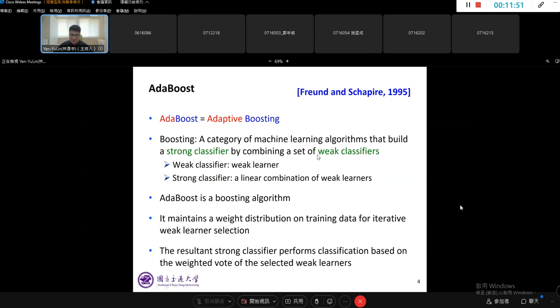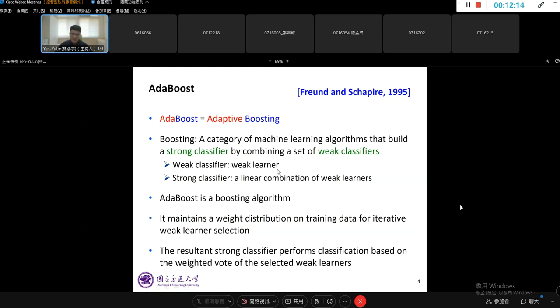In the literature of boosting, a weak classifier is often called a weak learner. This is a specific term, but the meaning of weak learner is exactly the same as a weak classifier.